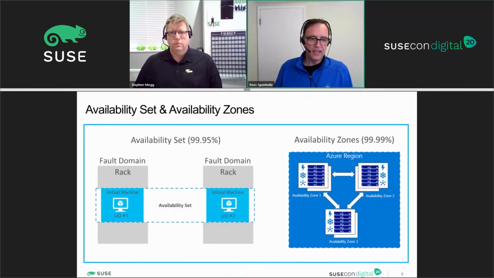So some of the features, we're going to go into quite a bit of detail about how this actually works. But starting off with two of the Azure features that we generally make use of for high availability. On the left-hand side is availability sets. And those are an Azure construct that essentially tells Azure not to deploy machines that are in an availability set to the same hardware.